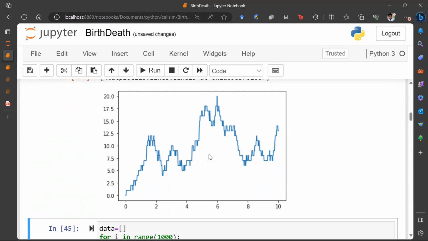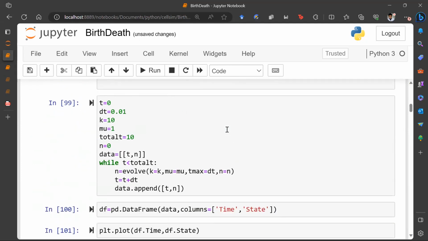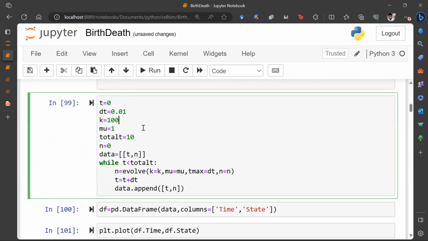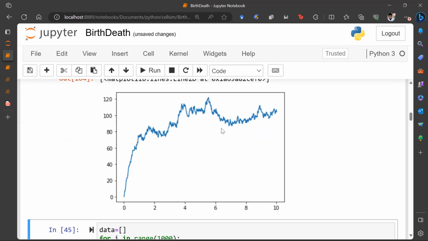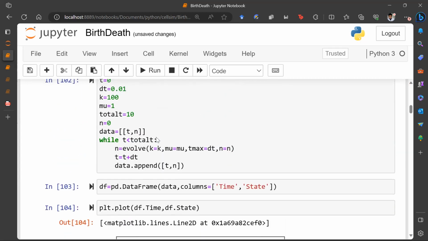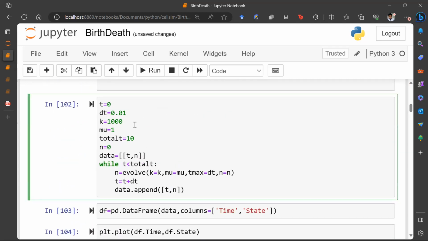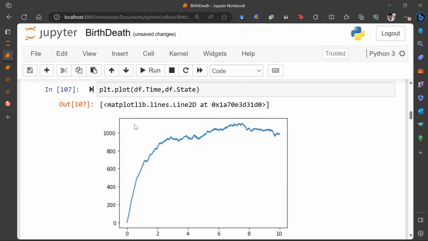The relative fluctuations are relatively high, but if you do the same and increase the mean, you can check that the relative fluctuations are less than with 10 proteins. If you increase even more to 1,000, the relative fluctuation is even less.